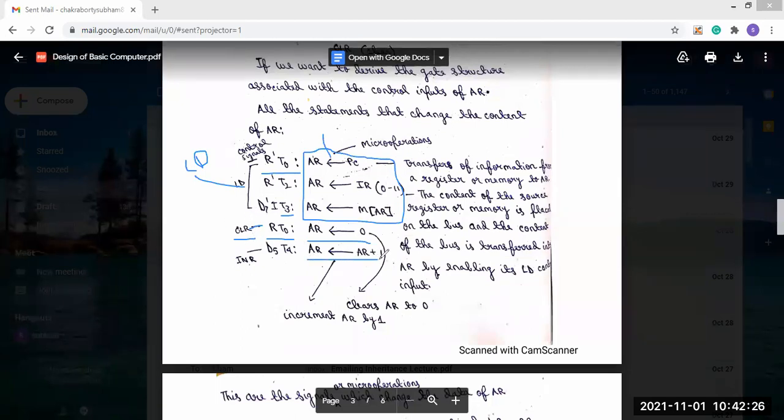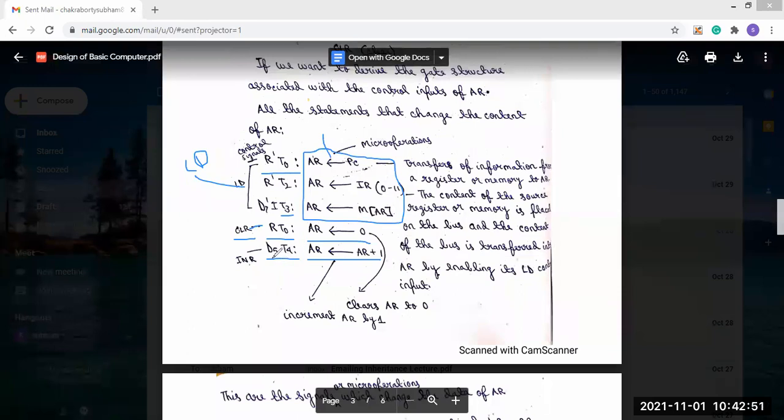And AR is incremented with control signal D5 T4, that means T4 timing signal.